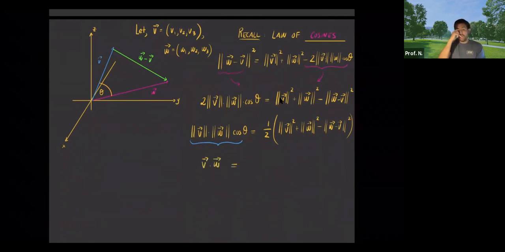So V dot W is what I have on the left, and on the right, 1/2 of this squared plus this squared minus this squared.